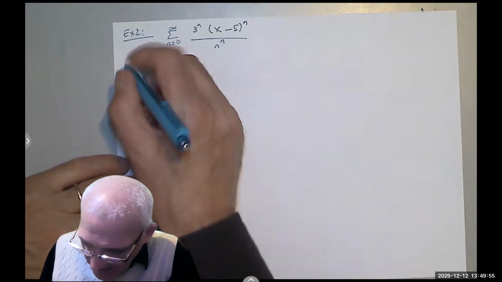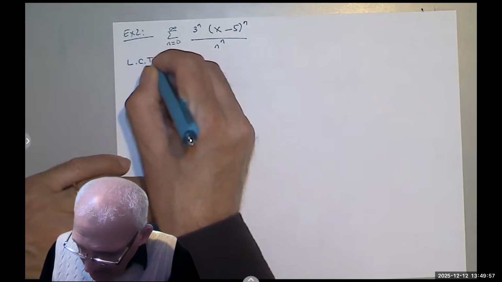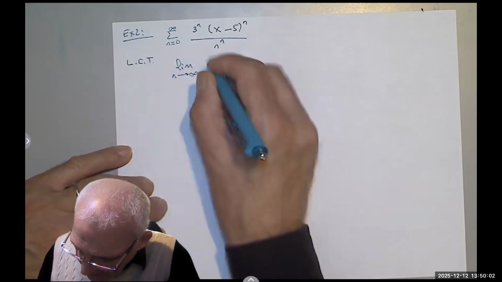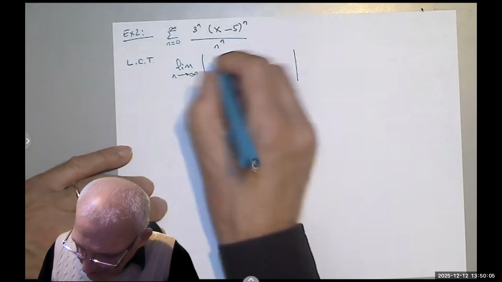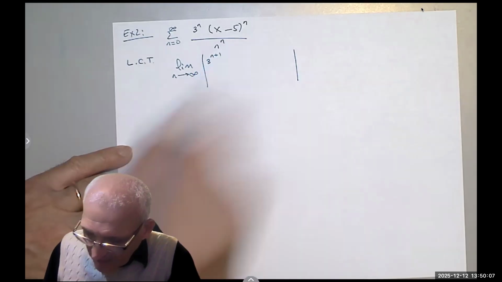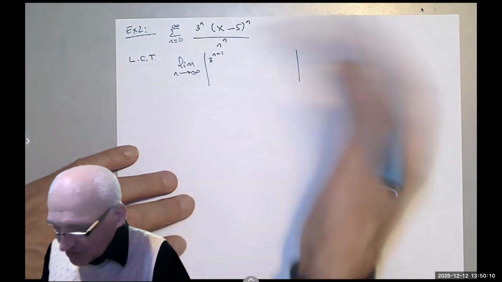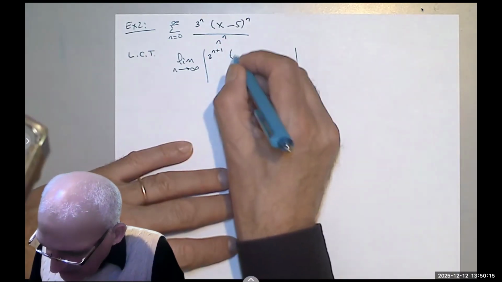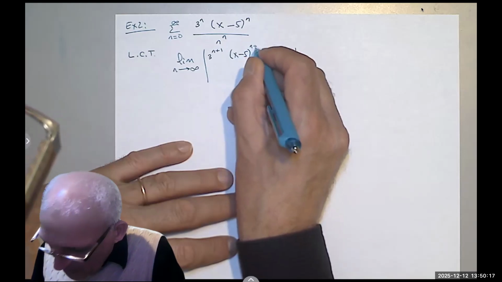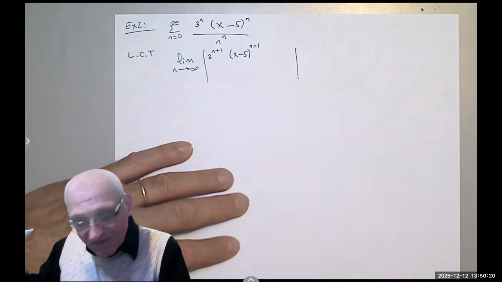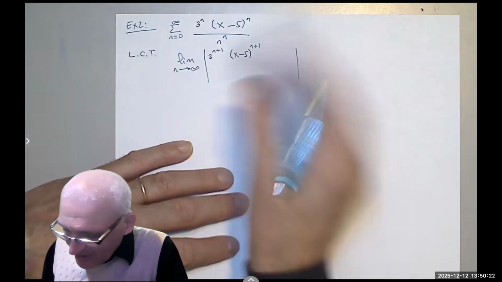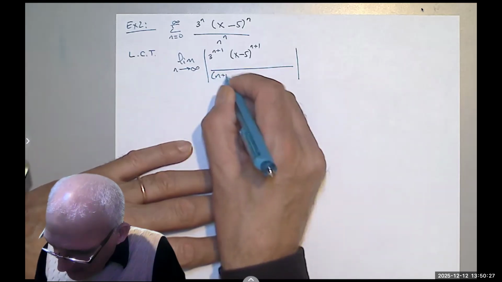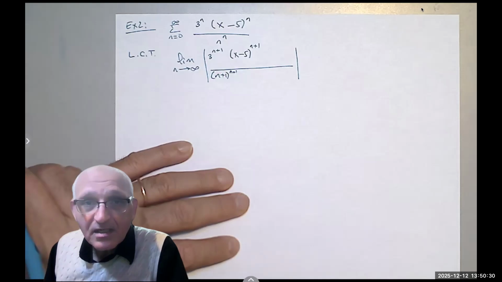Again, the ratio test says take the limit as n approaches infinity of the absolute value of the next term, which is 3 to the n plus 1 times (x minus 5) to the n plus 1 over n plus 1 raised to the power of n plus 1.